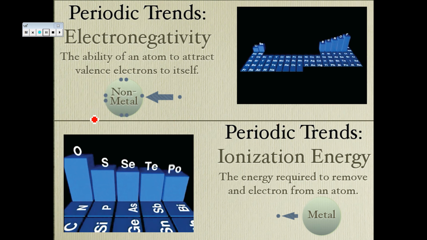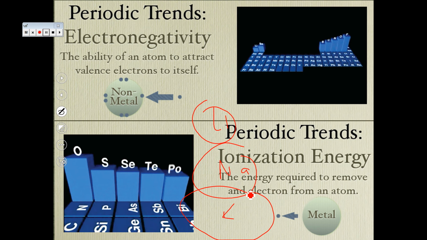As you go down a group, let's do lithium, let's do sodium, and let's do potassium. The radius is getting bigger due to the number of energy levels. Who is it going to be easier to remove an electron from? An electron here sitting on lithium, an electron here sitting on sodium, or an electron here sitting on potassium?